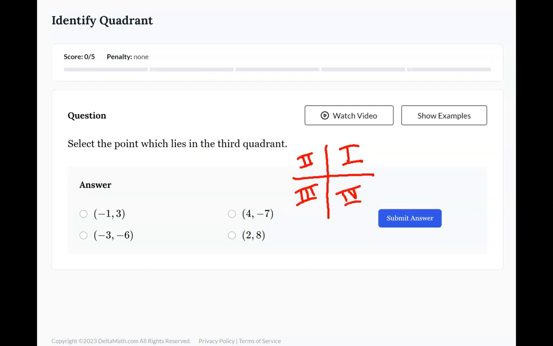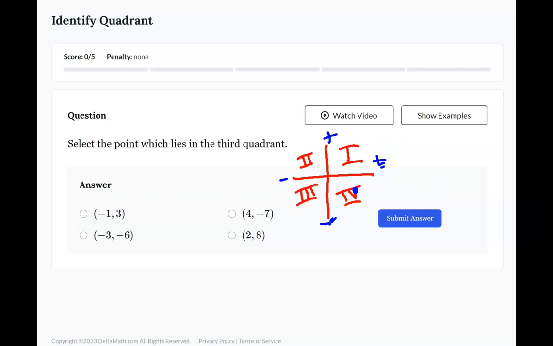It might be helpful if you write some positive, negative signs. So you can see if a point was down here, its 2 values would be x is positive, but y is negative, right? If you were here, you would have x is positive and y is positive, and so on.